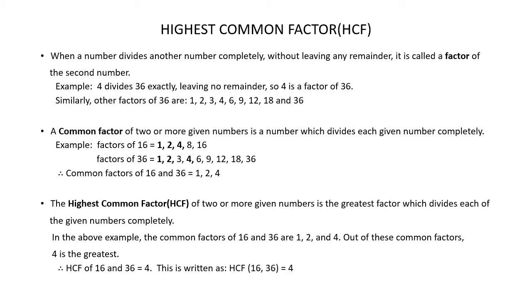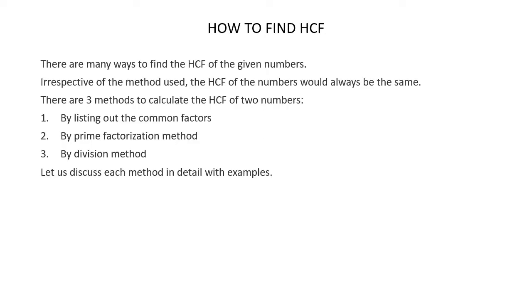Hope you have understood the meaning of factor, common factor and highest common factor. Have no confusions about the definition of factor, common factor and highest common factor. There are many ways to find the HCF of given numbers. Irrespective of the method used, the HCF of the numbers would always be the same.